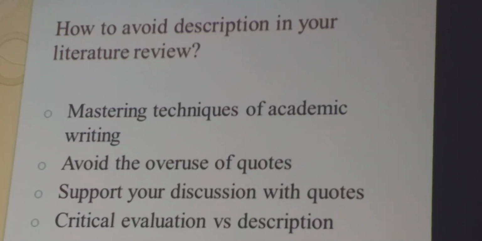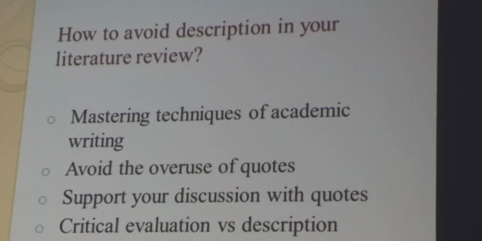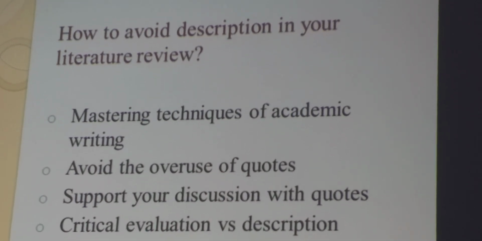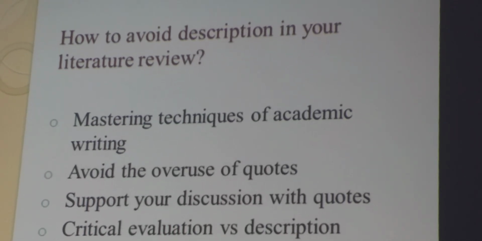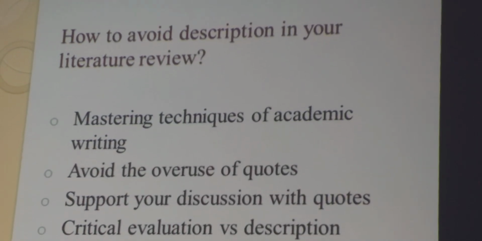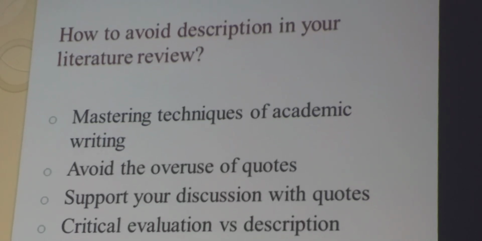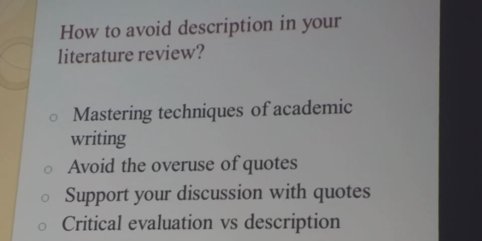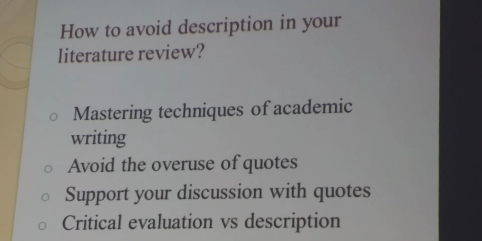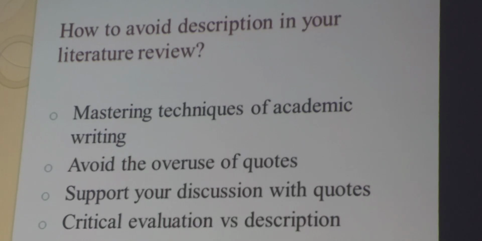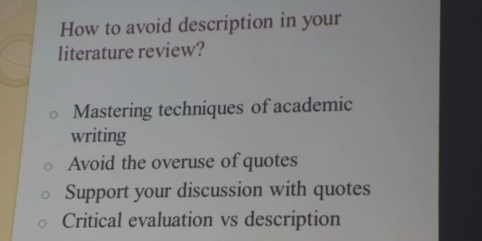So, how to avoid description in writing your literature review? Of course, the student should master techniques of academic writing, for example, if you are quoting, summarizing, or paraphrasing. If your literature review is full of other people's words, in this case, you are leaving no place for your voice as a writer.